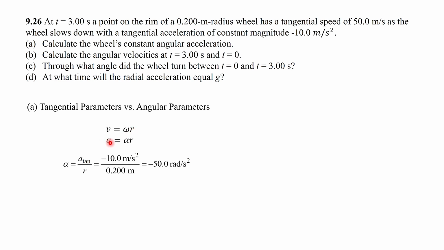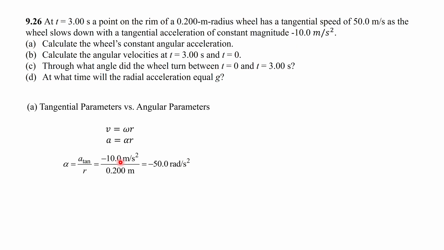The same thing holds for the tangential acceleration and the angular acceleration: the ratio is also the radius. In this case, we know the radius, that is 0.2 meter, and the tangential acceleration, that's -10. So it's easy to calculate the angular acceleration.